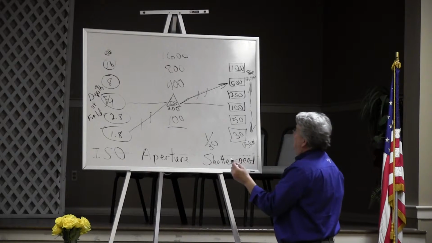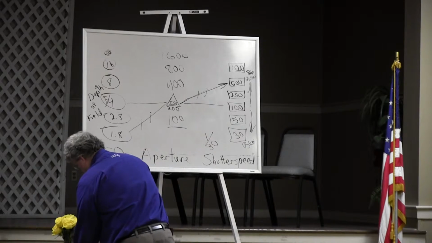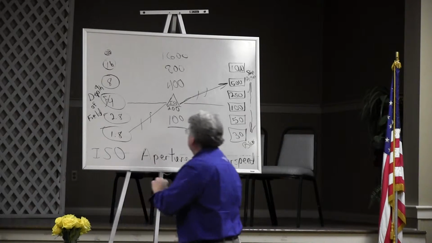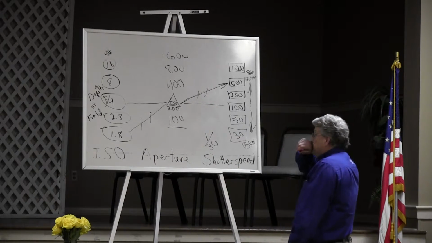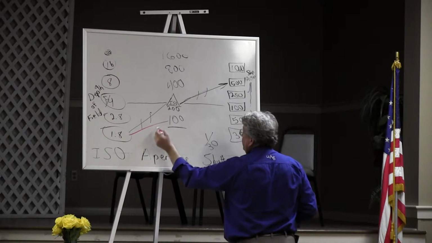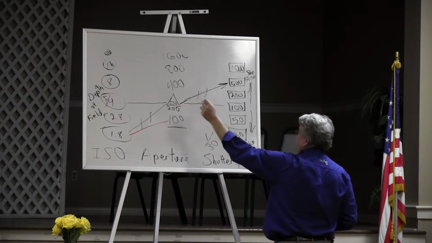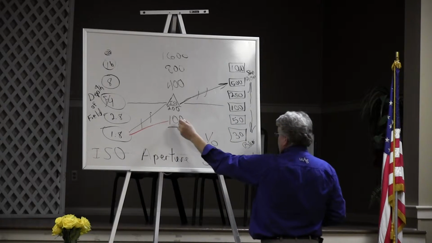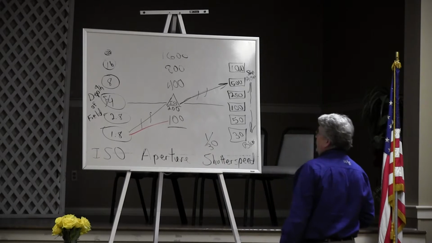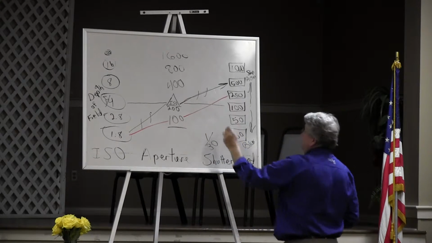Now, here's where things get really wild. I could do this. An f/1.8 opening at 100 ISO, and I would only have to go to 250.